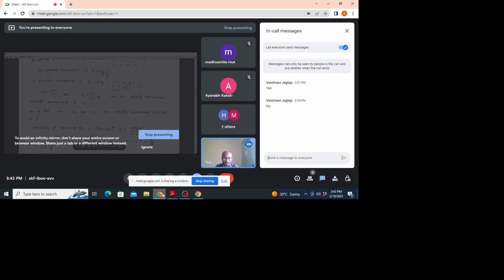Now, similar thing needs to be done for the minus E naught eigenstate. And minus E naught means what? Minus E naught means lambda equal to minus 1. So put lambda equal to minus 1 here, and that will give you this matrix.